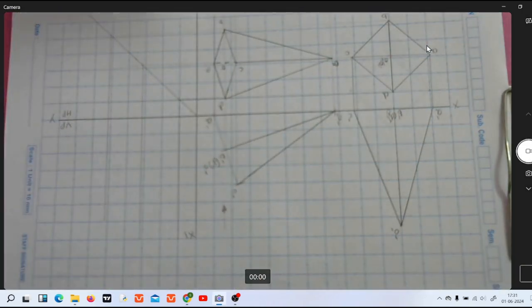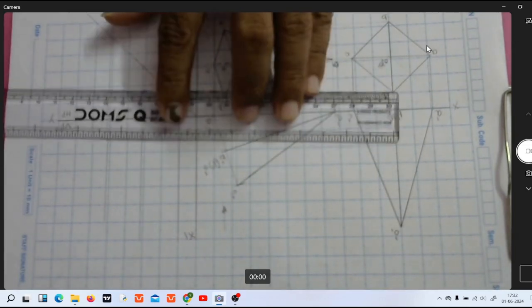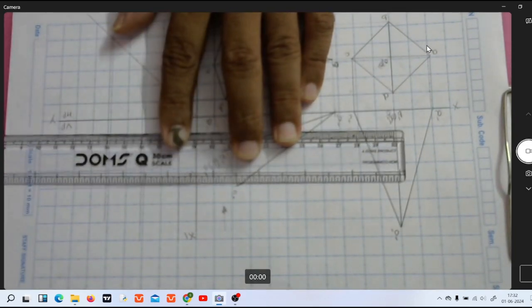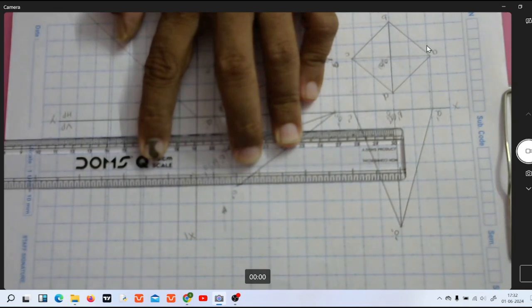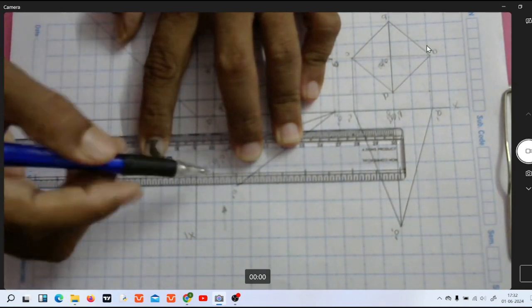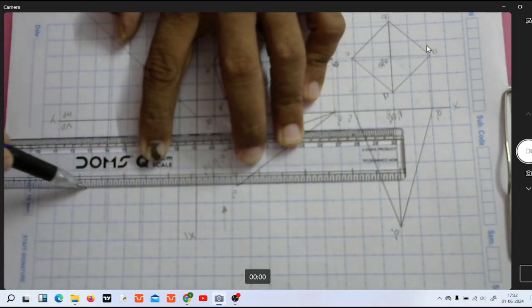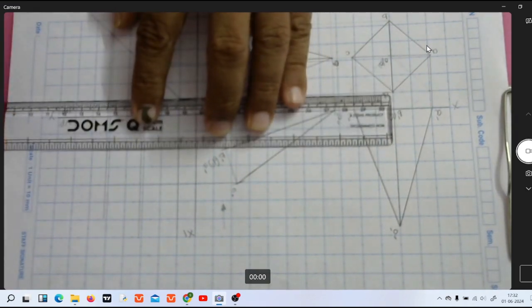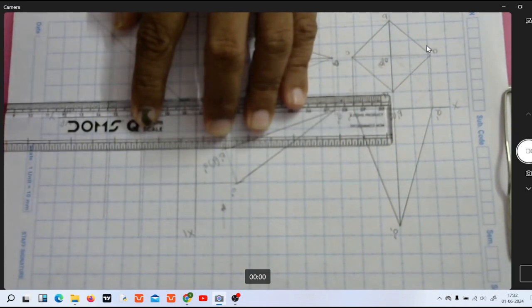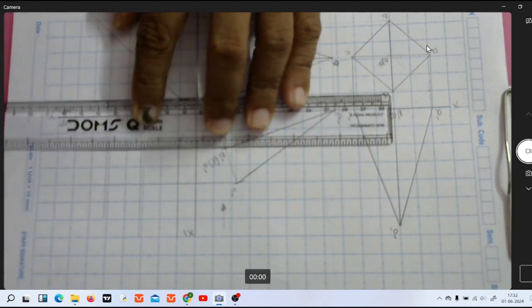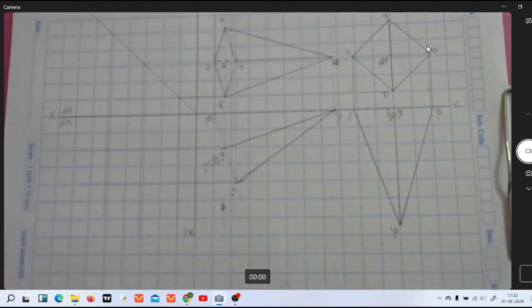Now let us draw construction lines from the front view. Now just observe, you got a line here, this line is related to point B. Let us move over here.